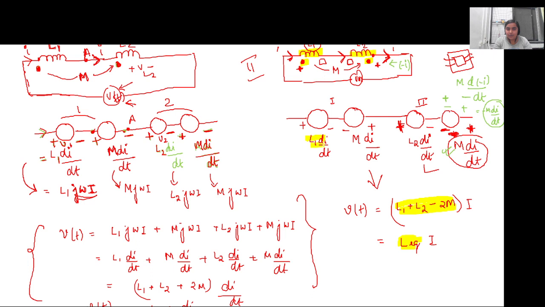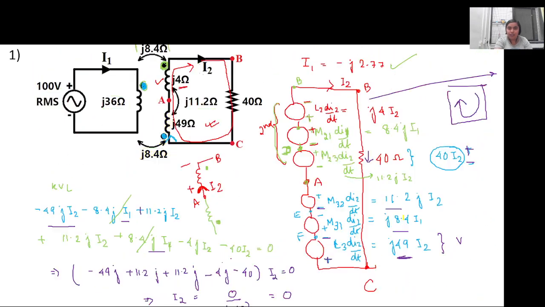We are writing in terms of voltages, then equating it to the source voltage, and this is the equivalent inductance, right? Is it making sense? You can solve using KVL for this particular circuit also, but I'm just suggesting an easier way out. Can we calculate L equivalent in the circuit that we have now?